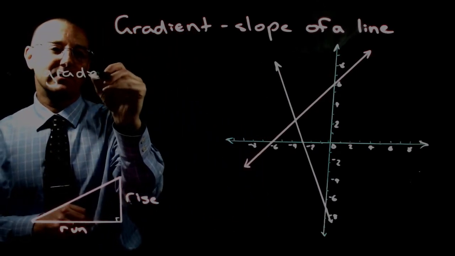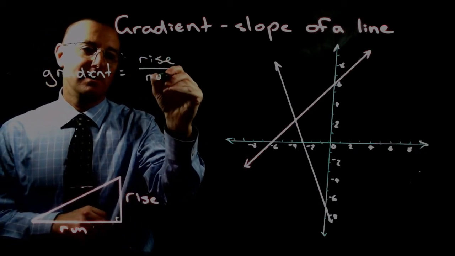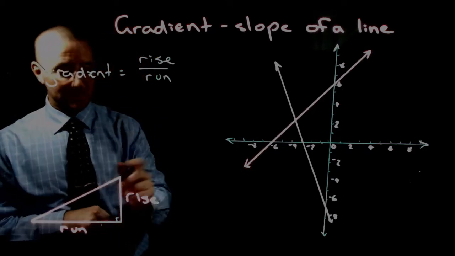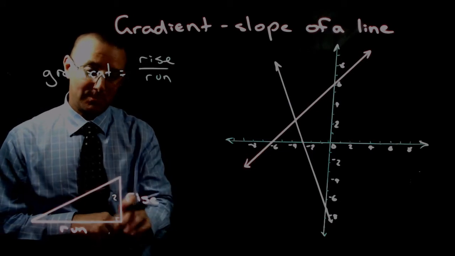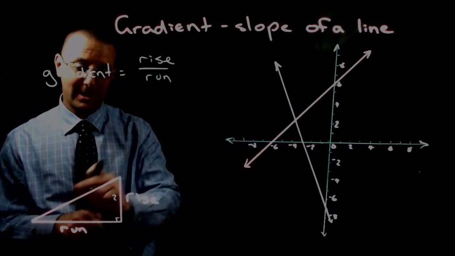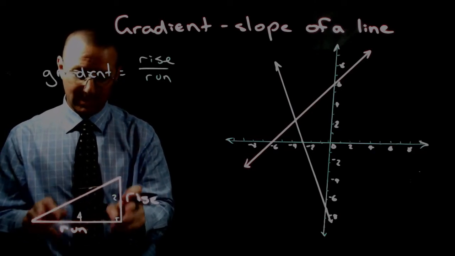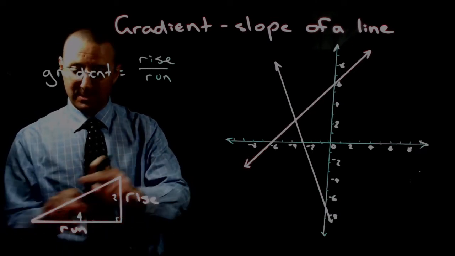If we say that the gradient is equal to the rise over the run, then we need to give this some numbers. I've measured this, and our rise is 2. In the time that this line rises 2, it has a run of 4. So it goes 4 units horizontally in the 2 units that it rises.